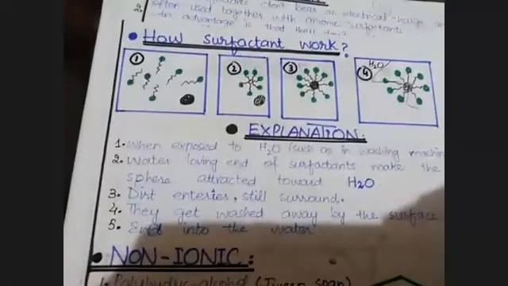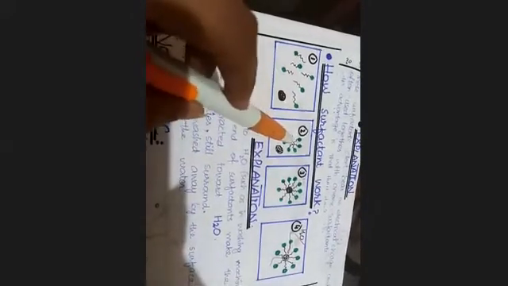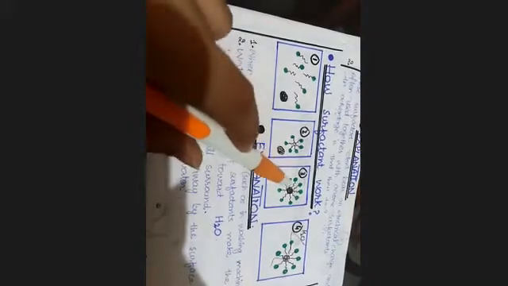This is another mechanism or working of the surfactants. This is the molecule of the surfactant, and this is micelle formation, and this is the oil or grease, and the oil and grease are inside the micelle, and the water removes the oil or dirt particles from it. This is the explanation I've already told you.